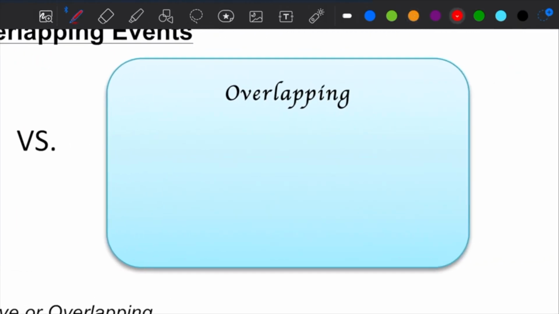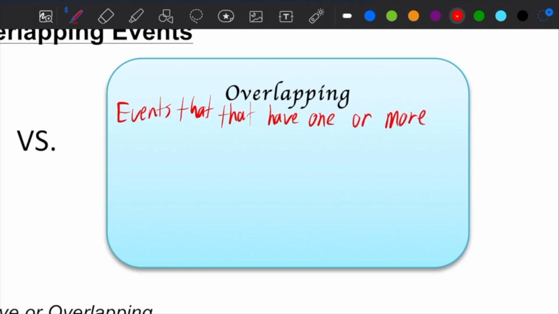Whereas overlapping events are events that have one or more outcomes in common.